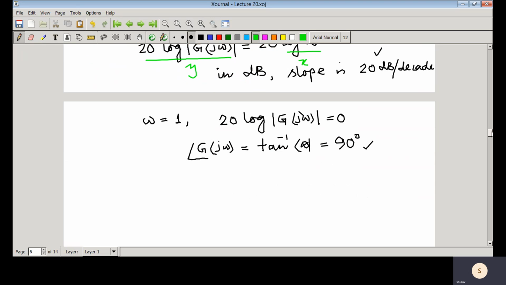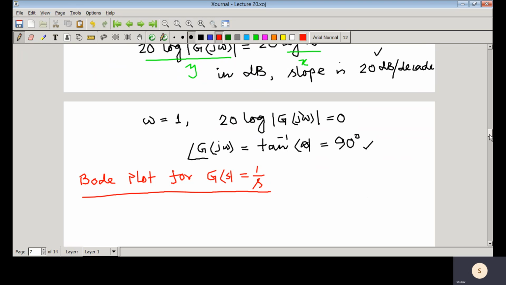So let us see what happens whenever we have the factor 1 by s. That is the asymptotic approximation of the gain and phase plot. So the Bode plot for G(s) equal to 1 by s.